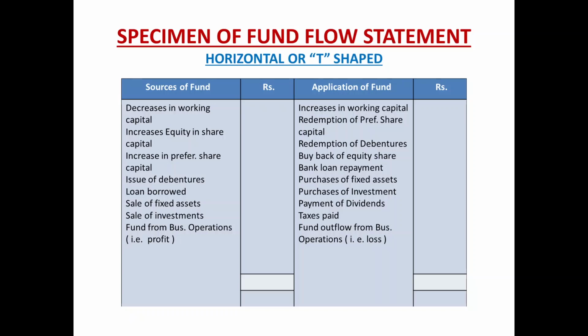The total of this fund flow statement must be the same on the sources as well as on the application side. Like you were verifying the total of the balance sheet last year in corporate accounting, over here also your total must be tallied, your total must be the same for both sides. So you can have a sigh of relief if your total does get tallied.